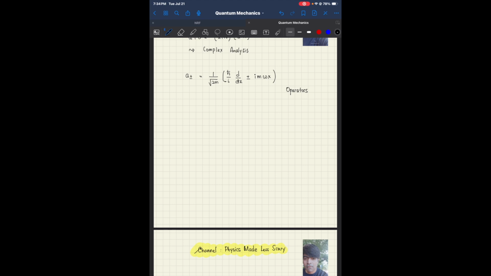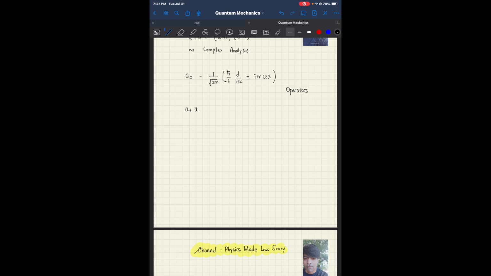Okay, so let's try and calculate, for example, this one. This is a bit important, so please pay a bit of attention. Since it's a differential operator, it is imperative that it acts on some function.